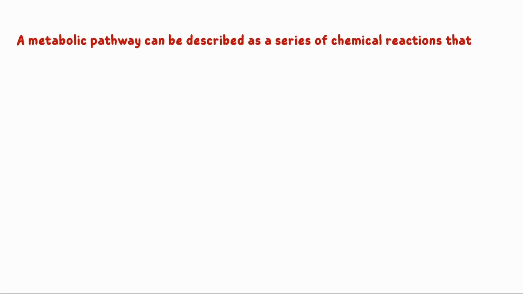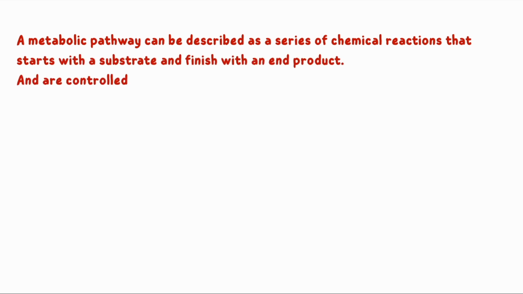A metabolic pathway can be simply defined as a series of chemical reactions that starts with a substrate and finishes with an end product. And these pathways are controlled by enzyme catalysts. A simple example of a metabolic pathway is glycolysis. In the glycolysis metabolic pathway, the glucose is used as a start substrate. This glucose is obtained from carbohydrate and glycolysis happens in the cell.